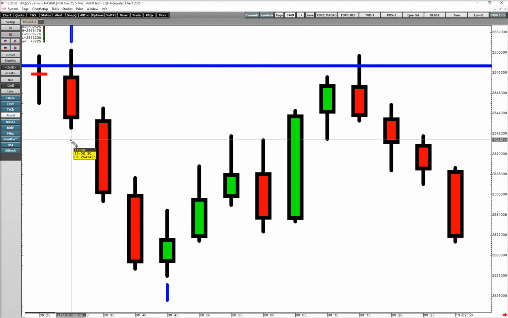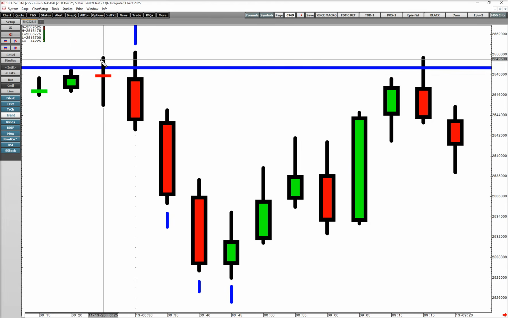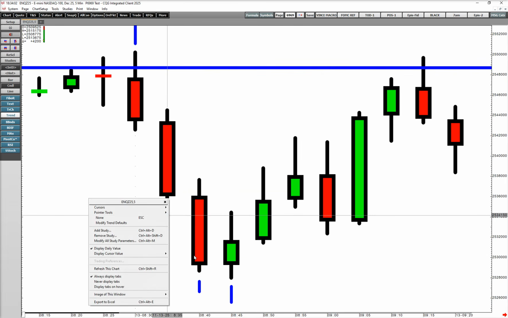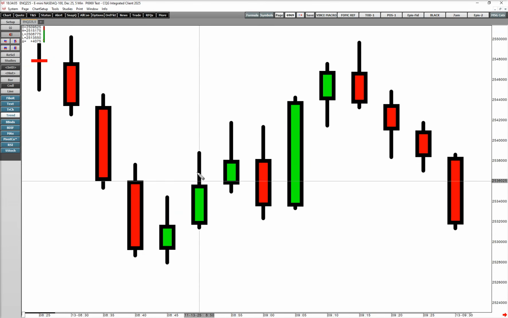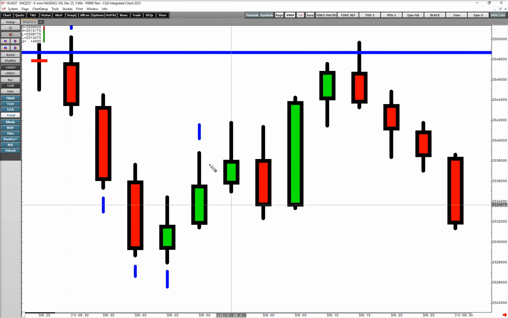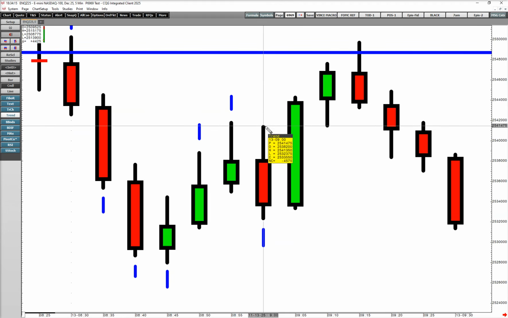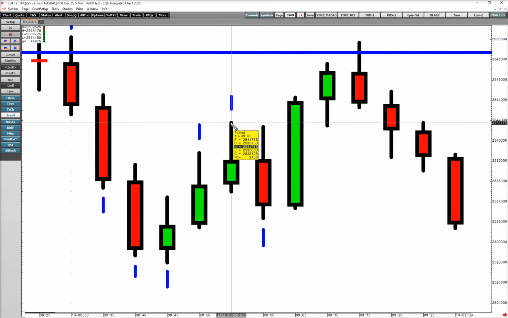So from the open, these are down bars. This is technically an outside bar, so we'll just start from the swing high, down, down, down. Now this is an up bar, which is strictly defined as higher low, higher high. This is an up bar, same definition. This is a down bar, lower low, lower high. This low is 1350 versus 17, so 4.25 points lower.